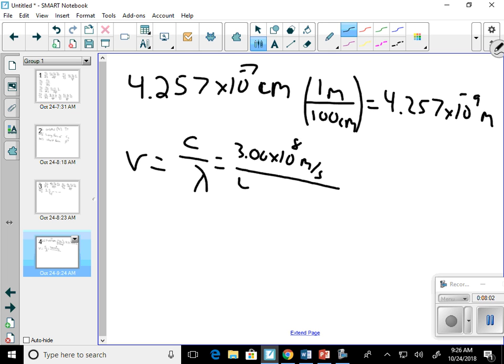Lambda is the wavelength given to me in that problem, 4.257 times 10 to the negative 9th meters. Be careful when you do calculations like this. Scientific notation's in the denominator. I would highly recommend putting parentheses around all this when you type it in your calculator, or else it's going to give you that order of operation mistake that happens with mole conversions also.